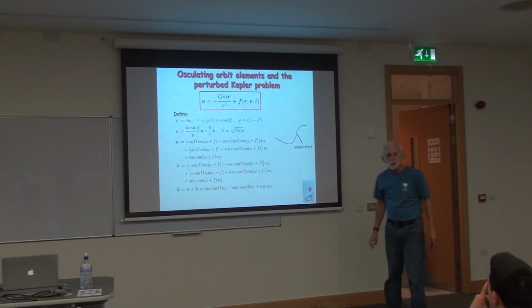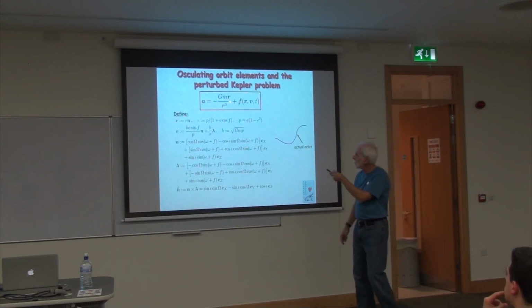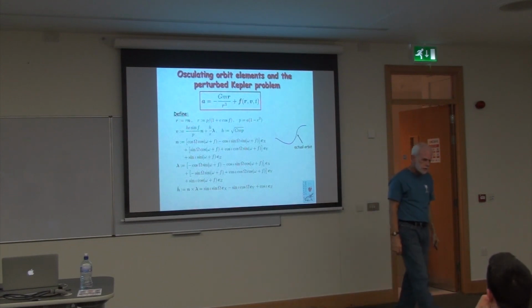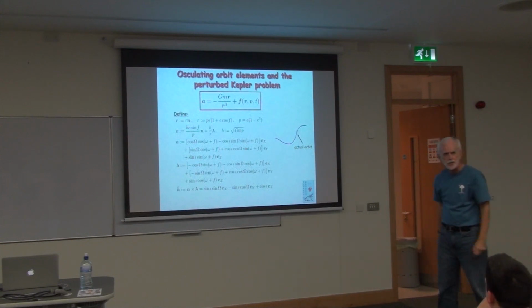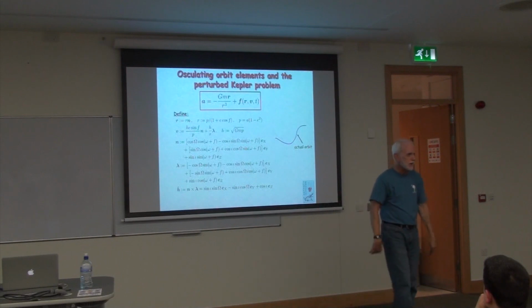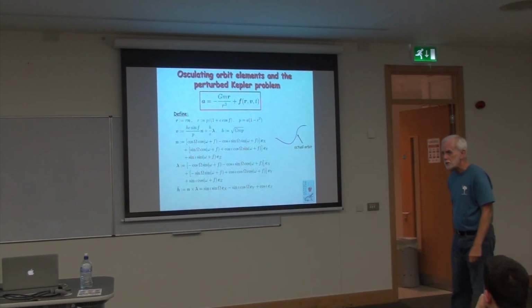Okay, now we want to perturb this thing. We want to go from a pure 2-body Keplerian problem, defined by this equation of motion, to one in which there is a disturbing acceleration. The celestial mechanics literature always calls it a disturbing force, which is strange because it's really an acceleration. That's what they say in these celestial mechanics books.